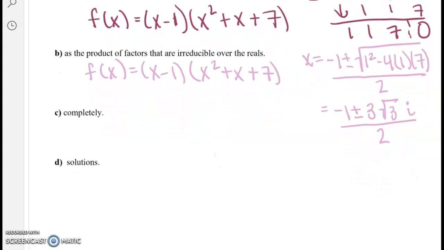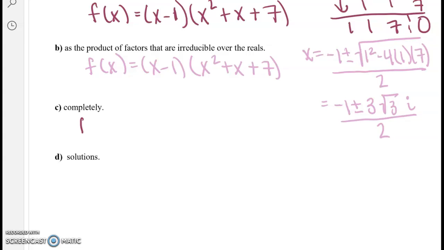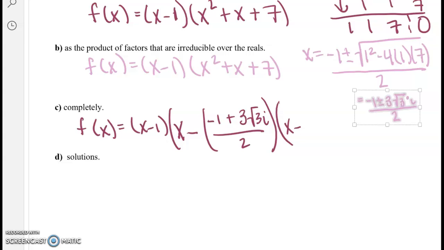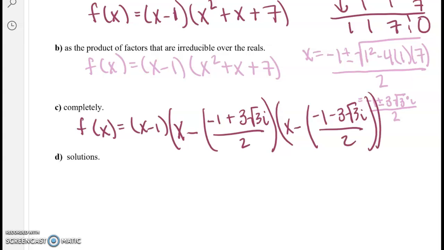Now if I factor completely, that's where I can include those things. So we've got f of x equals x minus 1, then x minus the quantity of negative 1 plus 3 root 3i over 2, and same thing, x minus the quantity of negative 1 minus 3 root 3i all over 2.